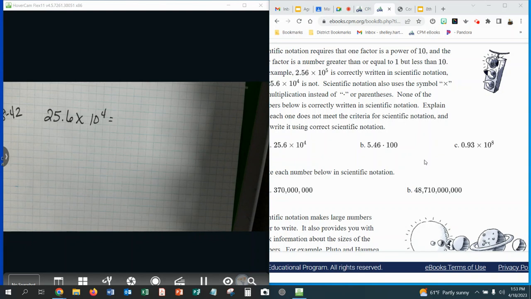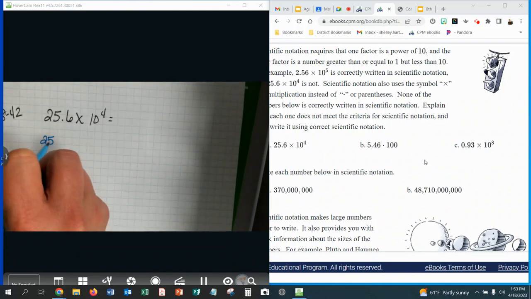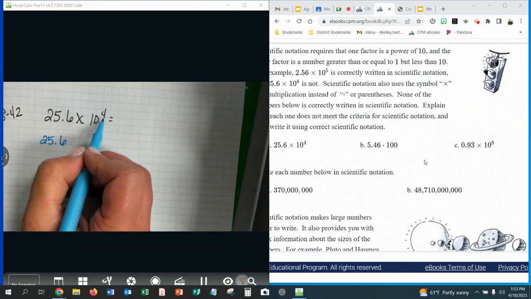Riley's got it. Who else has got it? Coda's got it. You got it? Great. Josiah, do you have it? You've got 256.6, right?